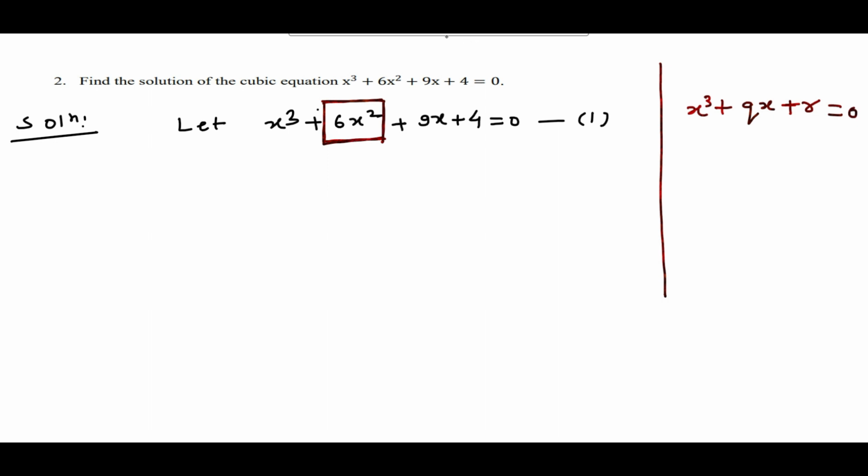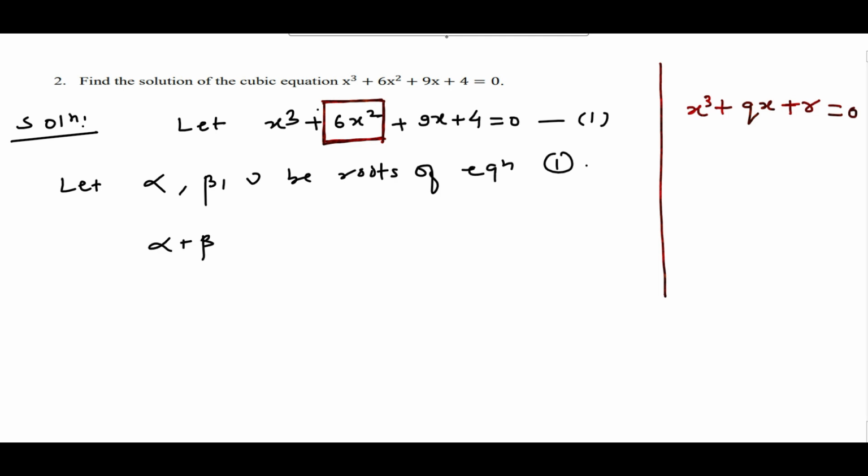So first of all, let us suppose alpha, beta and gamma are the roots of equation 1. Then the sum of roots is equal to negative 6. That is equation number 2.